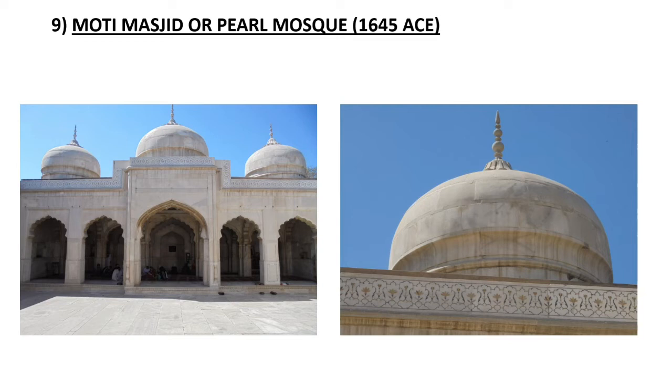Pietra Dura work, the idea of this particular technique, has been derived from Florentine mosaic in the Roman world around the 1st or 2nd century AD. Such type of work was provided, and from there the idea has been derived, and it was for the first time adopted in the tomb of Etimad-ud-Daula, located on Indian soil, dated to 1626 of the Christian era. He was the father of Nur Jahan and father-in-law of King Jahangir.